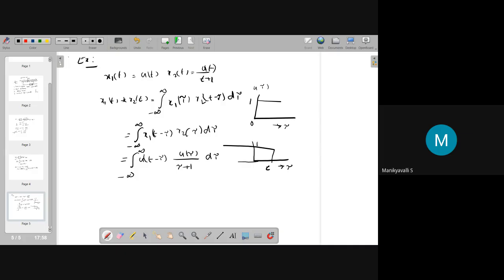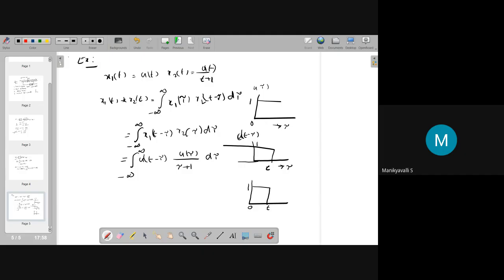So if you multiply u of t minus tau and u of tau, then you will get a signal like this, right?